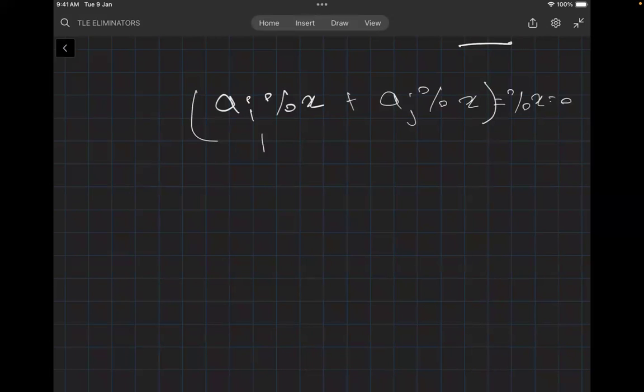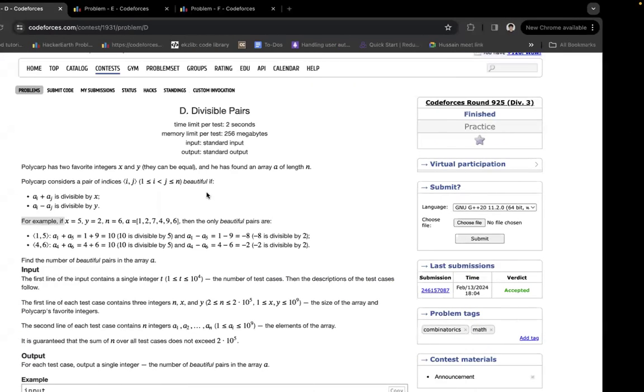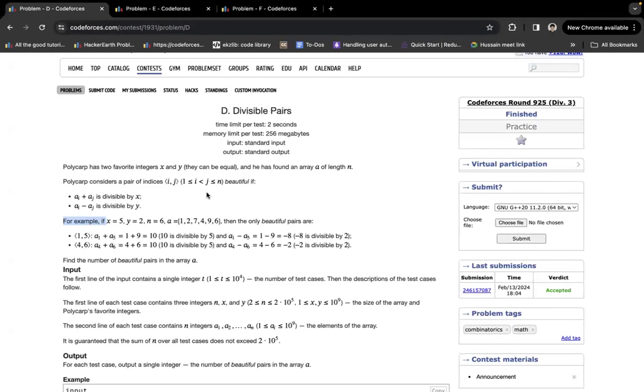So if I know AI mod X, do I know what AJ mod X should be? For example, let's say X is 5, and AI mod X is 0. So tell me, guys, what should AJ mod X be? Anyone?